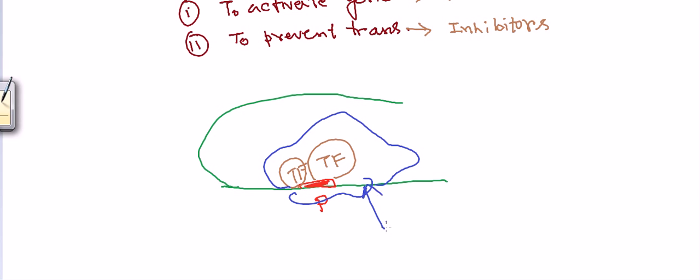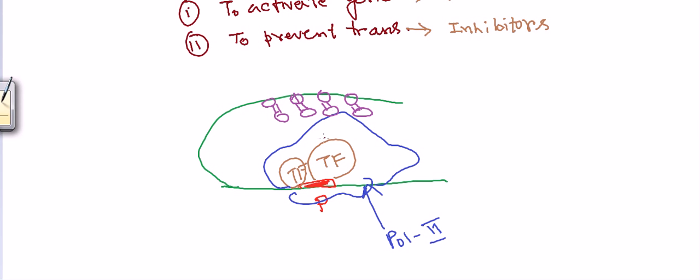This is Pol, say Pol 2 in this case, and there are some activators. Say these are the activators that are attached, and mediators are present in the middle. Let me draw the mediator.